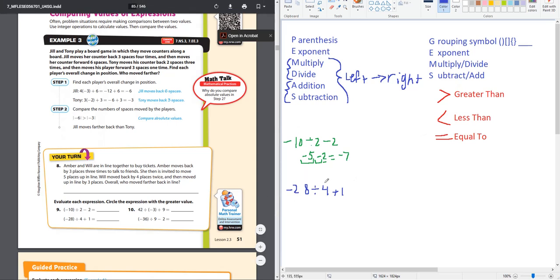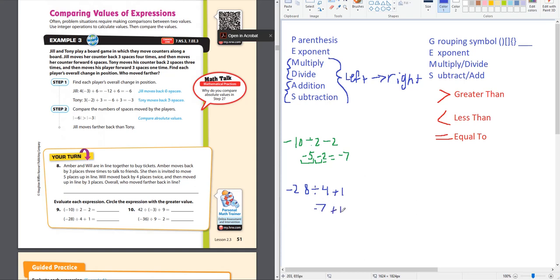Negative 28 divided by 4 is negative 7, plus 1. I'm starting at negative 7, going to the right 1 time. So that's negative 6. All right. Before I go there, we're now comparing negative 7 and negative 6. Don't get mistaken here.